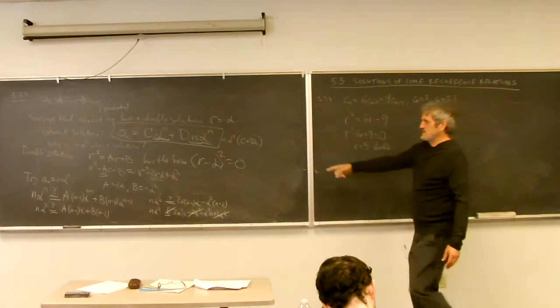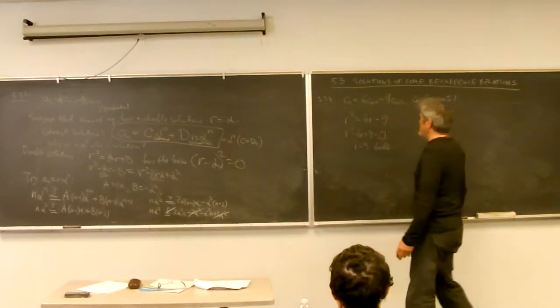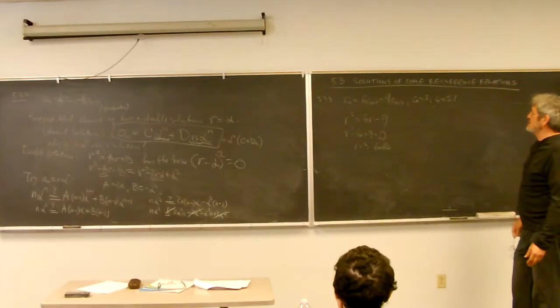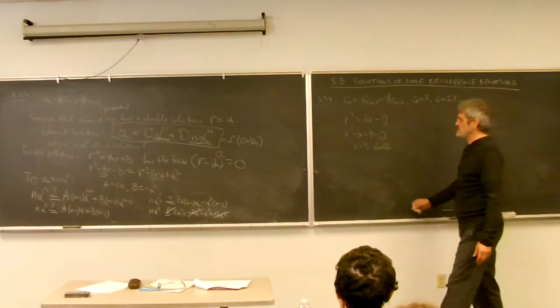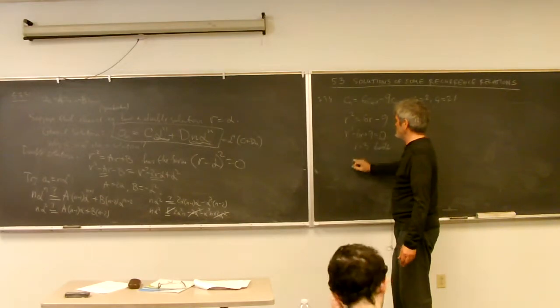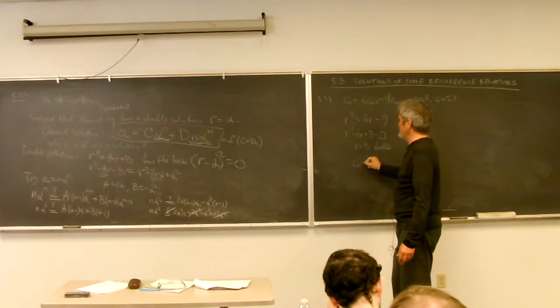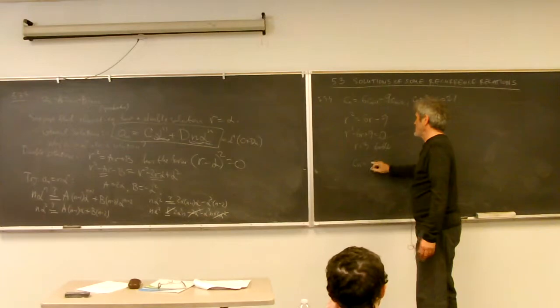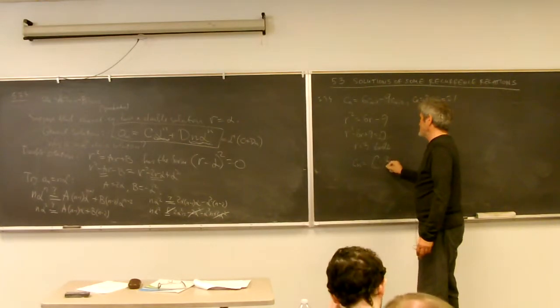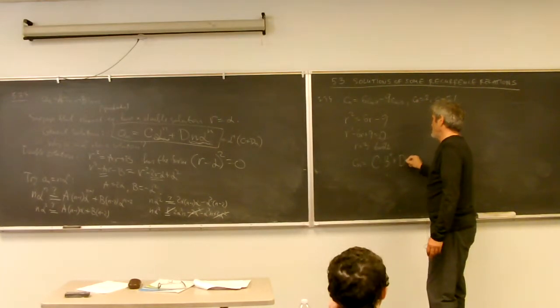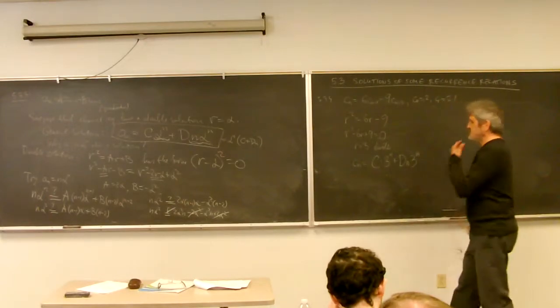So what is it? This derivation here confirms that we have not only 3 to the n, but n times 3 to the n. So the general solution is Cn equals c times 3 to the n plus dn times 3 to the n.